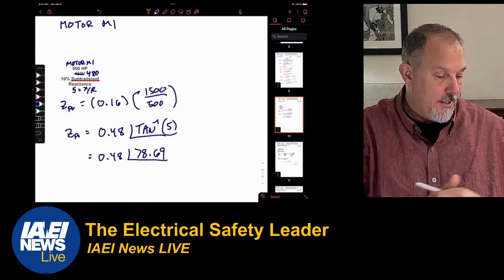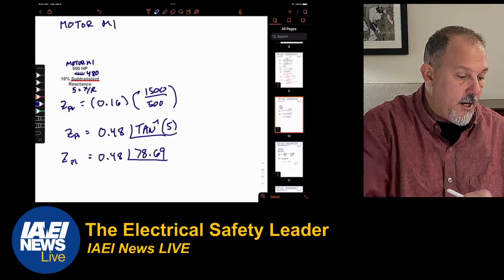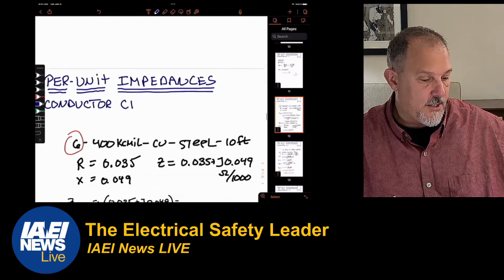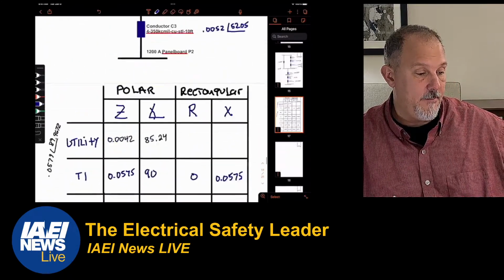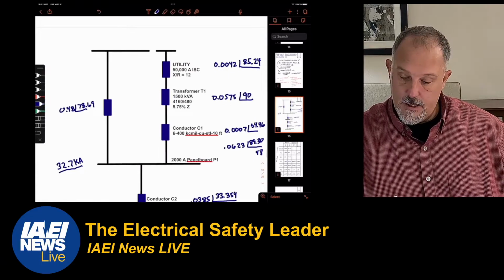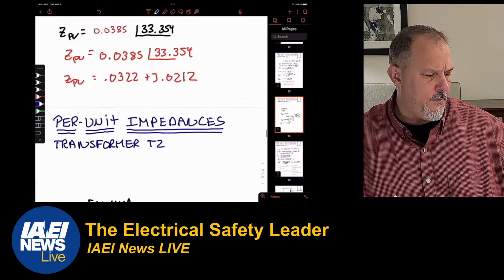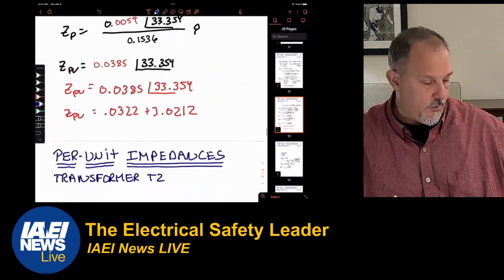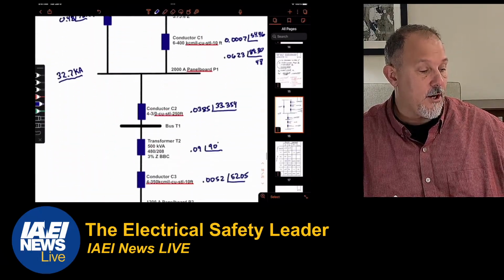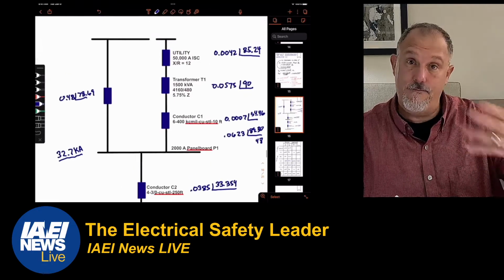We're doing good. So that is the per unit of the motor. Let's look at our impedance diagram. 78.69 and 0.48. Was it 0.48? Yeah, it's 0.48. All right, so I had already done the math, but I just did not show the math.